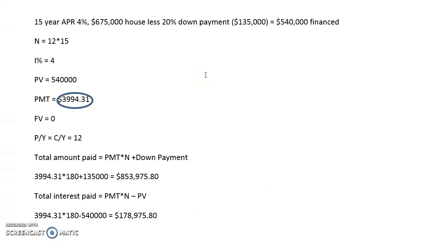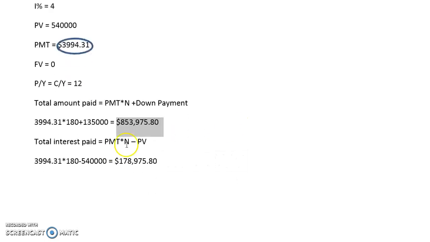Okay, so here is what the calculation for my 15-year payment looks like using the TVM solver in my calculator. So I got a 15-year monthly payment of $3,994.31, and therefore the total amount paid on the 15-year loan would be $853,975.80, whereas $178,975.80 of that is interest.